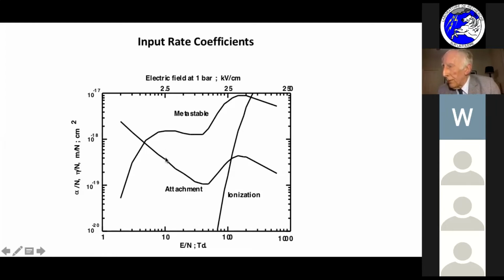And then there's attachment of electrons to form negative ions, which attachment rates are very high at low fields because the electrons don't have much energy and they just attach. And the metastable rates for a whole range of electric fields below the ionization field are about an order of magnitude higher than attachment. So metastables get created more rapidly than other particles.